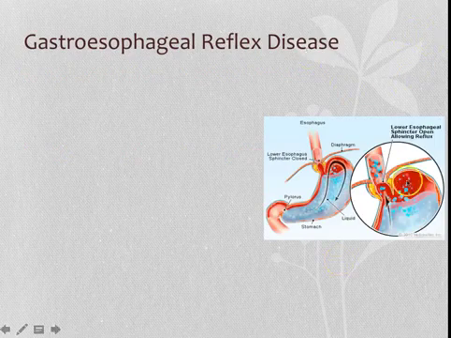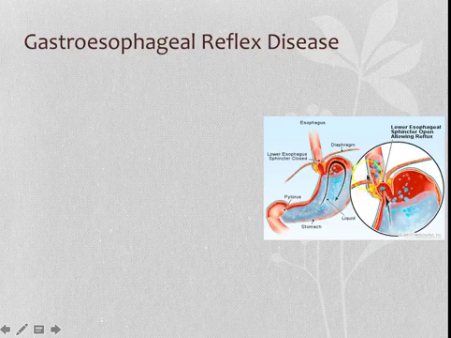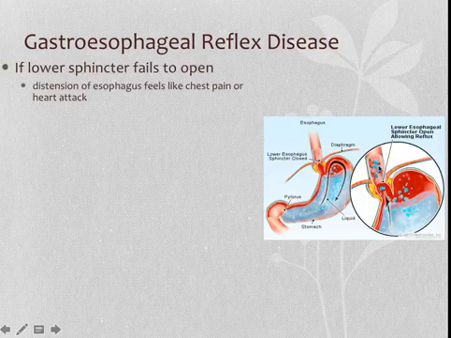If that lower esophageal sphincter is not closing properly, that's when you have GERD, or gastroesophageal reflux disease. You can see here it is nice and closed as the liquid in the stomach is churning. That's fine, it's not coming back up into the esophagus. However, when it doesn't close properly, acids come back up into the esophagus, and that's what happens with heartburn.